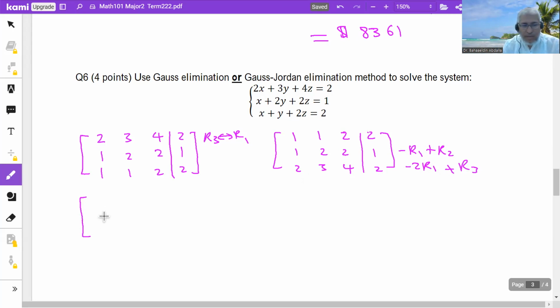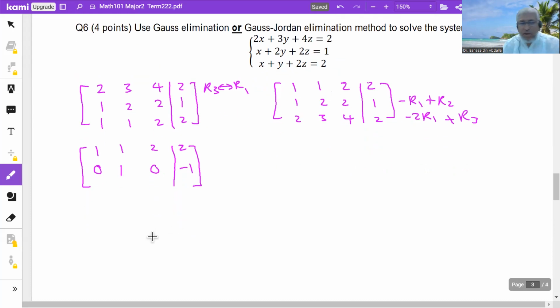When we do that, the first row will not change by these 2 operations. But now, -1 plus 1, this would be 0. -1 plus 2, this would be 1. -2 plus 2, this would be 0. -2 plus 1 is -1. So this is what would happen to row 2 when we use this transformation, -R1 plus R2.